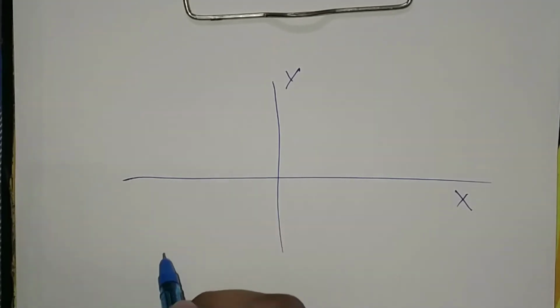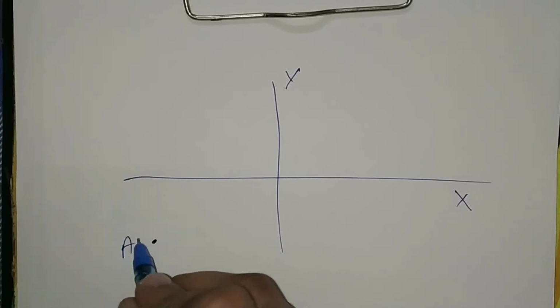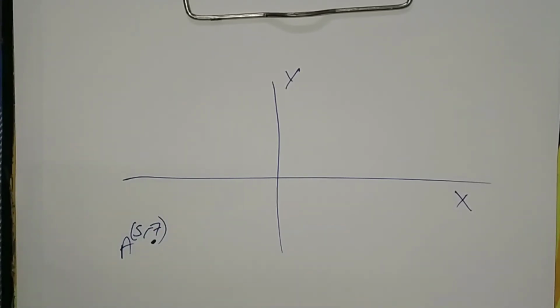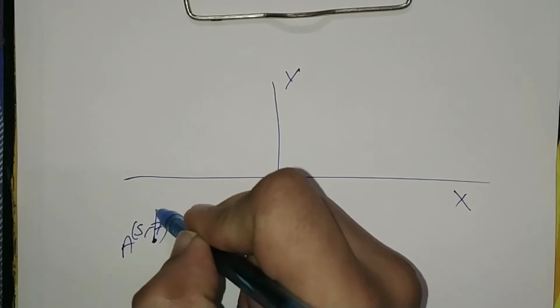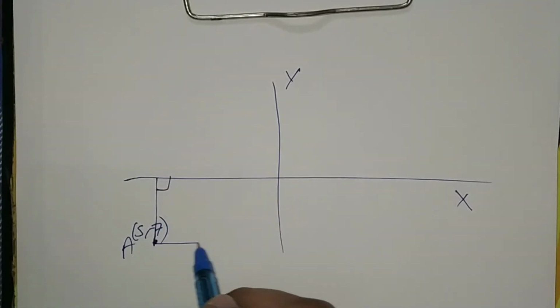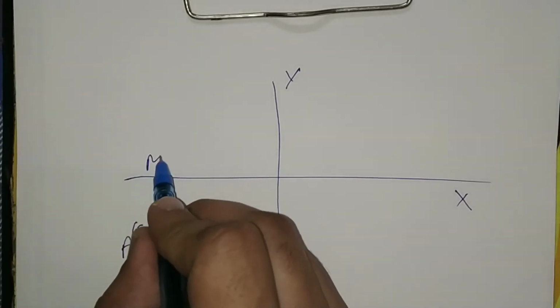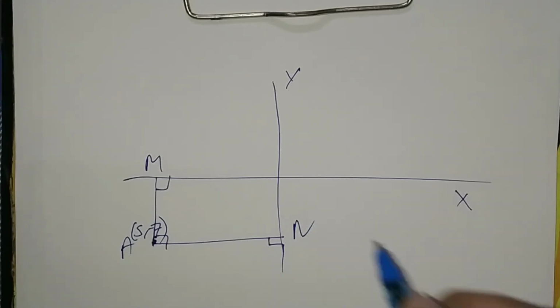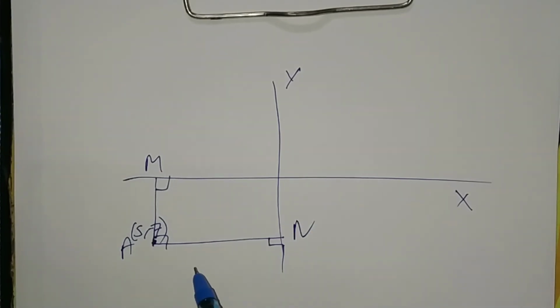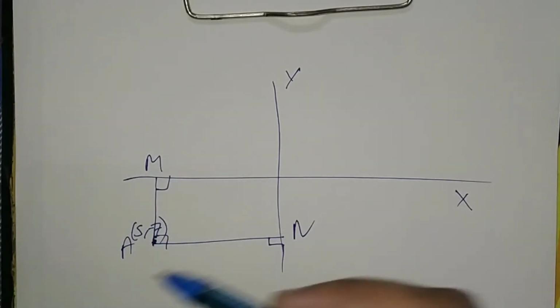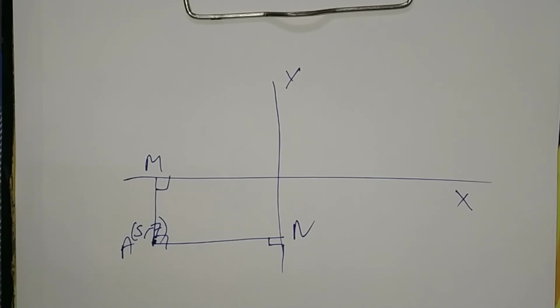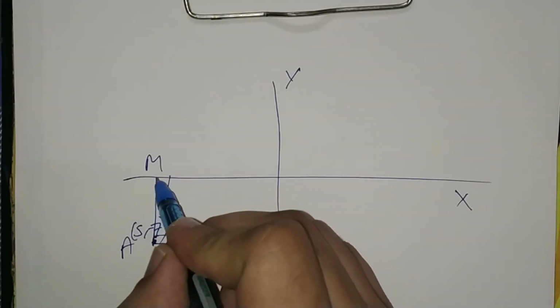So suppose this is point A, (5, -7). Now they are asking to draw perpendiculars. This is a perpendicular on the y-axis, this is a perpendicular on the x-axis. AM is a perpendicular on the x-axis, AN is a perpendicular on the y-axis. Just draw the straight lines. These lines are already on the graph, you just have to overwrite them. Now what are the coordinates of this and this?